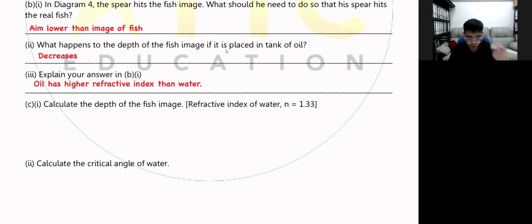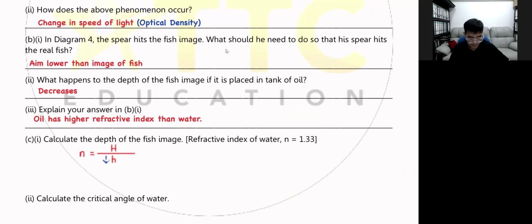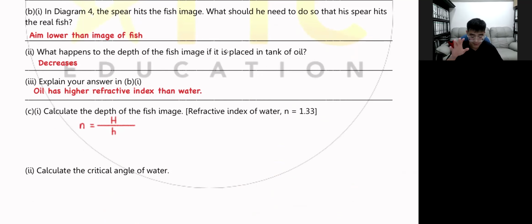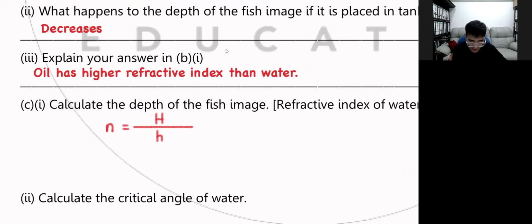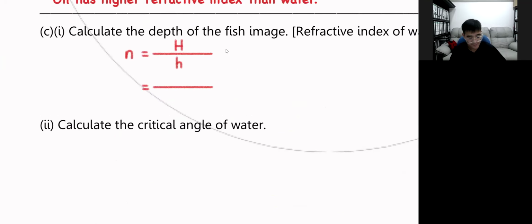So this one, again, use the same formula we just discussed, the refractive index formula. And from the diagram, you will see the question gives you the real depth of the fish. Also in this question, the refractive index of the water is 1.33. That's this n value.